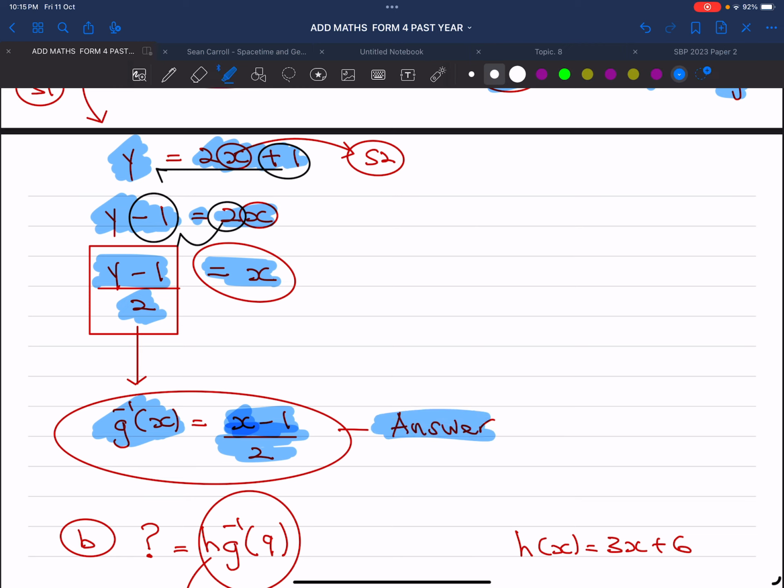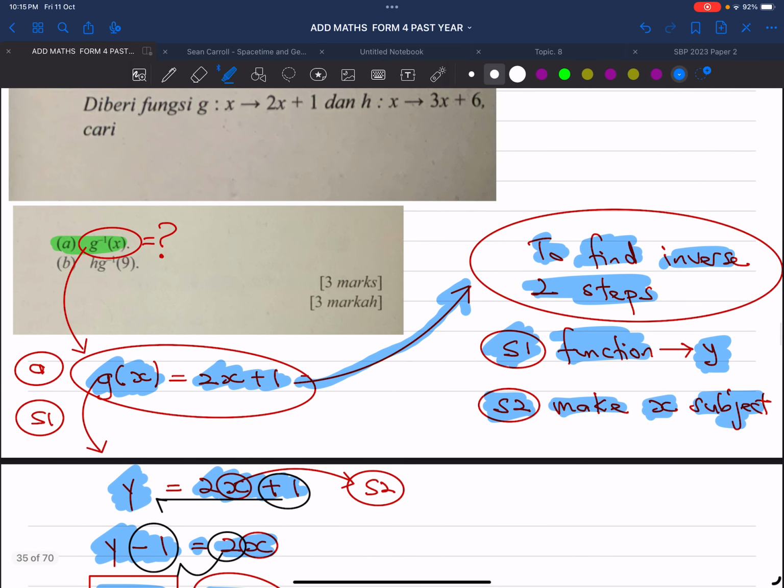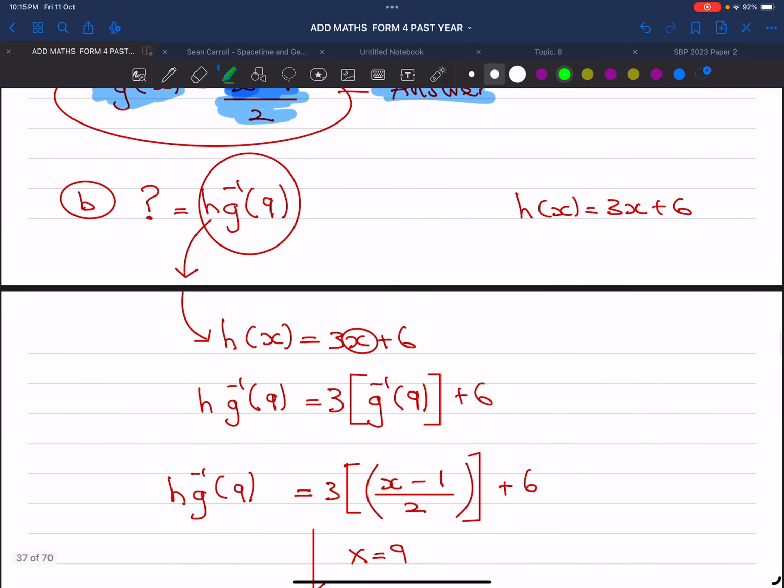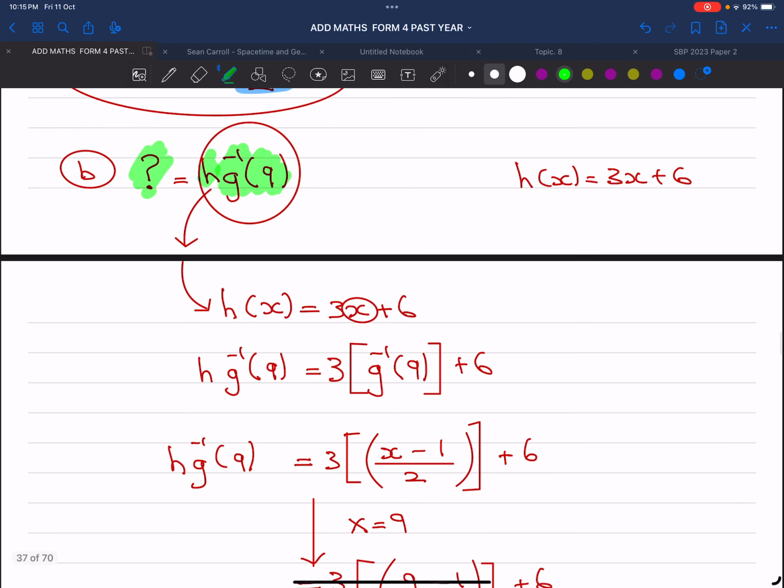We look at part B. What are they asking? Find hg inverse 9. So they are asking hg inverse 9. I'm going to start with the function h.